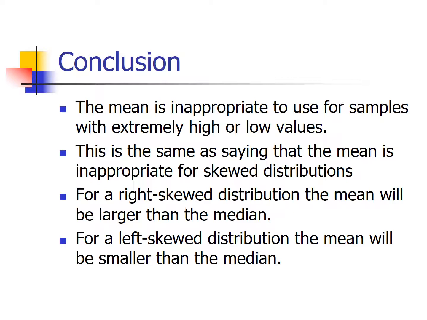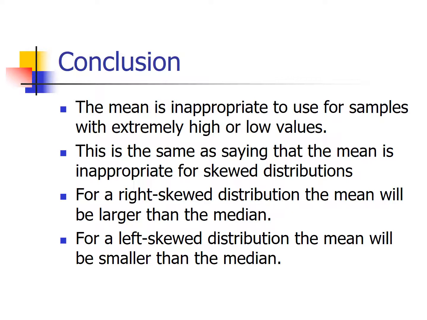Now, it turns out that this idea of just one or two really big or really small numbers can be detected by looking at the histogram. Remember, histograms are what we talked about in the last PowerPoint. And it turns out that the idea of skewness that we saw in histograms is indicating a handful of really big or a handful of really small numbers.